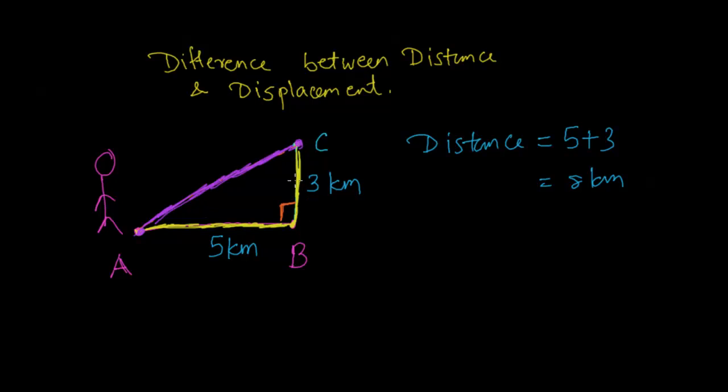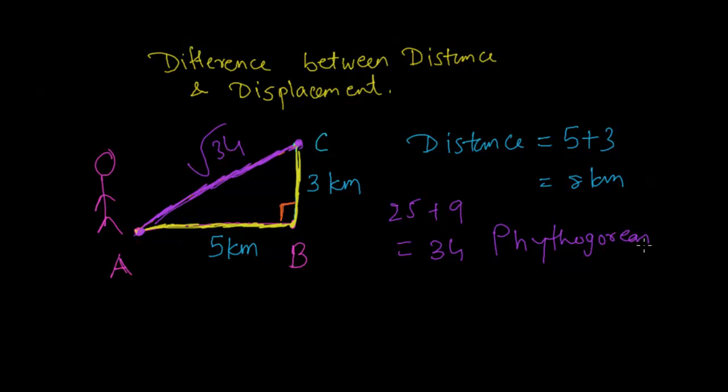So no matter what path you have taken, it is simply the distance between the final position and the initial position. So what would it be? 25 plus 3 squared, 9, so 25 plus 9 is equal to 34, and so this would be under root of 34 according to the great Pythagorean theorem.